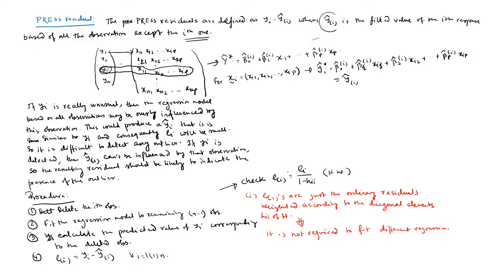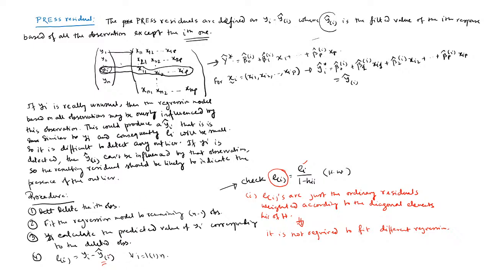So, to compute e(i), you just compute ei and 1 minus hii, and this gives e(i). So you do not need to compute yi hat, written within first bracket, for all i.